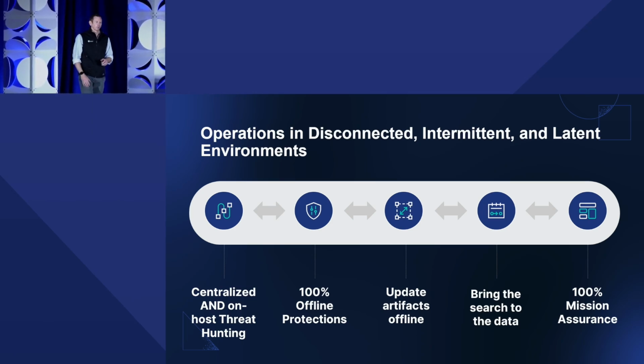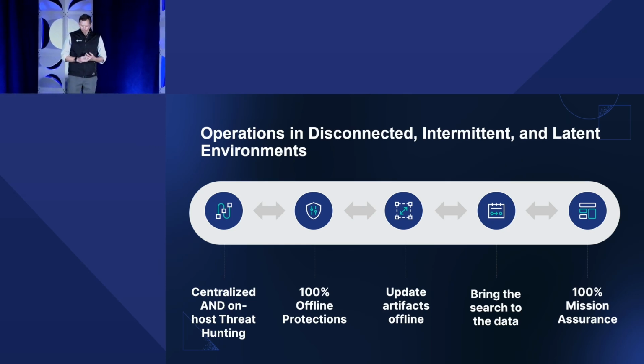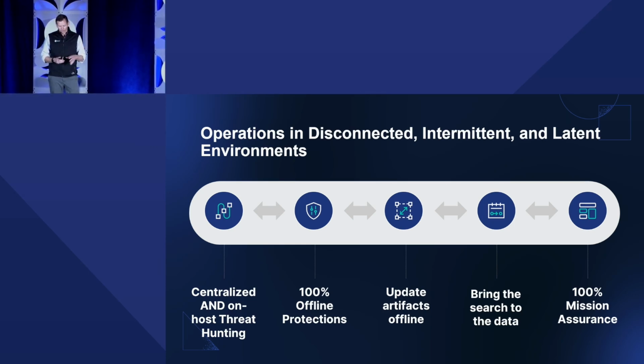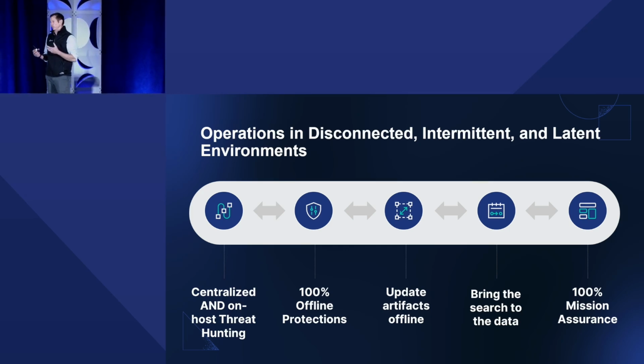Tactical or enterprise networks, we have solutions, the ability to stop attacks on those. So the first pillar I'll talk about there is centralized and on-host threat detection and threat hunting. Elastic's architecture model for Elastic security is we have the ability to send all of the data to a central location, the Elastic security solution, that gives you the ability to threat hunt on that data, to run those analytics that I talked about earlier, those detection rules, on that data in a centralized fashion.